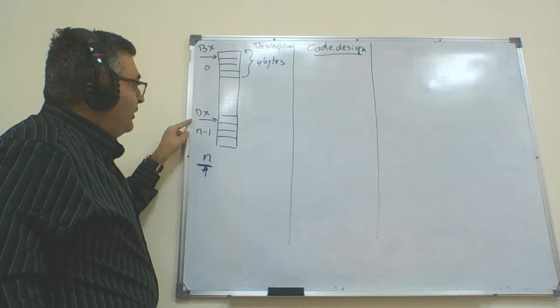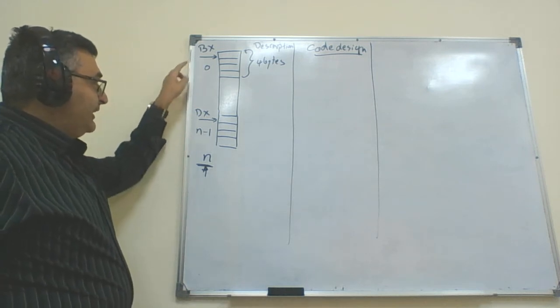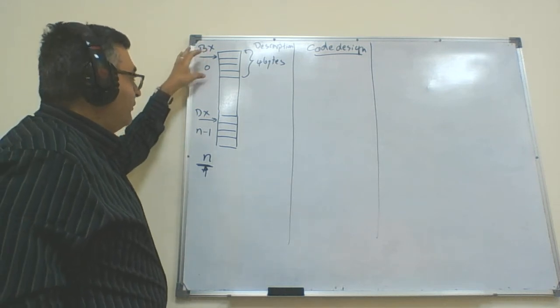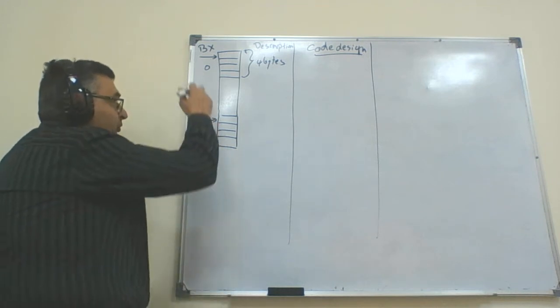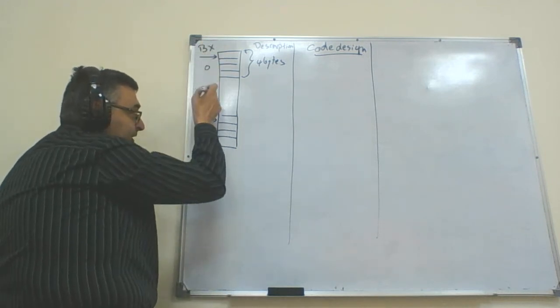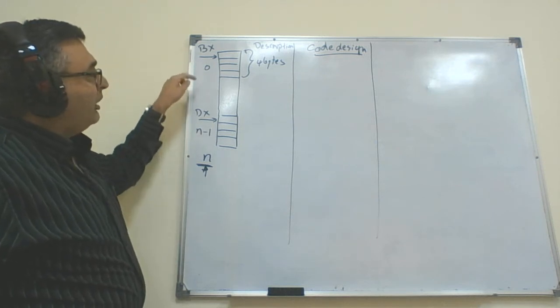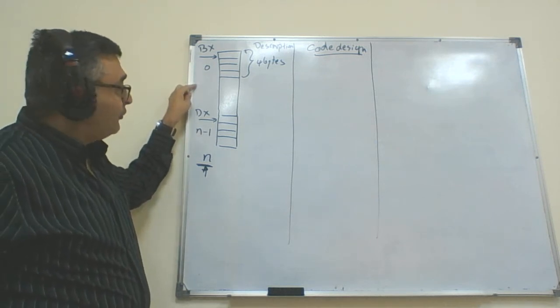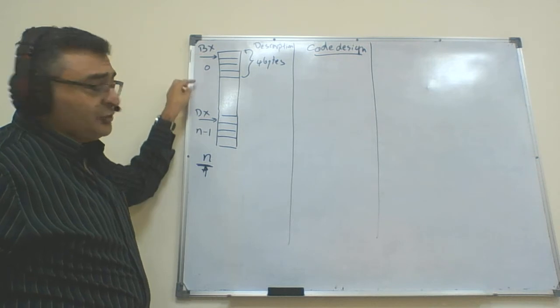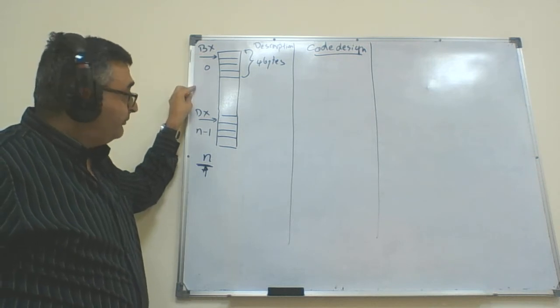Remember that in order to go from one element to the next, I have to increment BX by 4, because each element is 4 bytes.